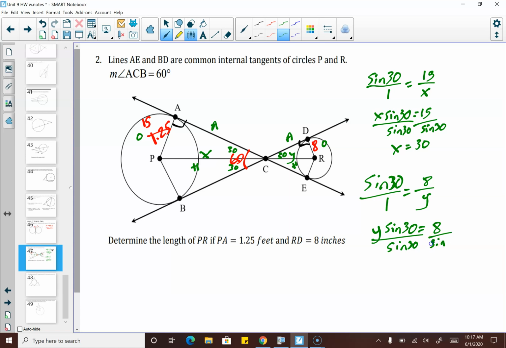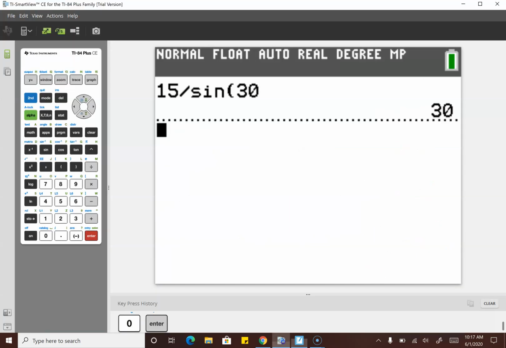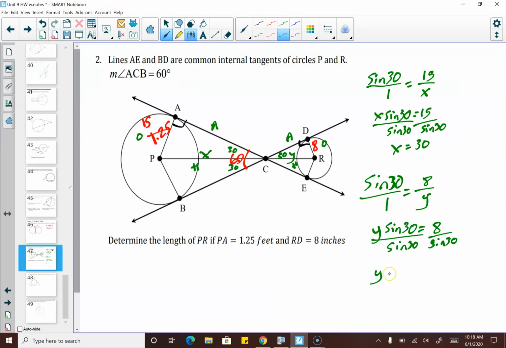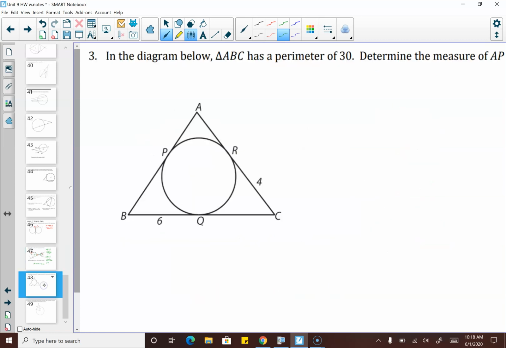And when I do that and go to my calculator, 8 divided by the sine of 30, I get 16. So now what do I get for the whole length of PR? I'm going to add 30 and 16 together to get 46 inches. Now it doesn't say it wants it in feet or inches, so my suggestion would be just leave it there.